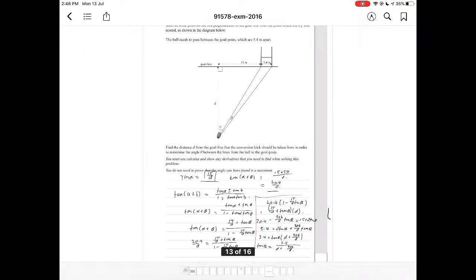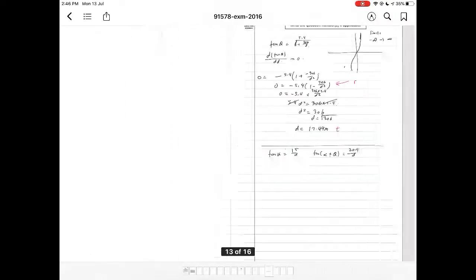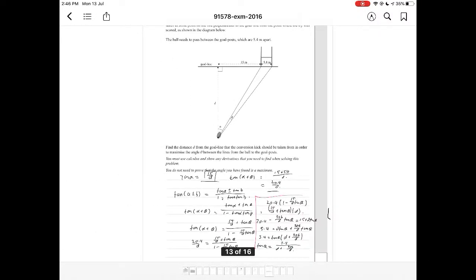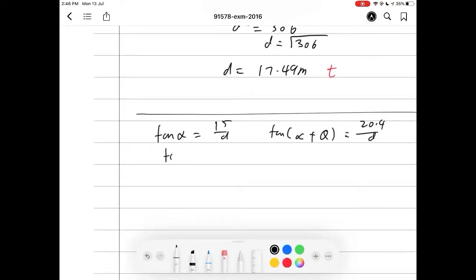So just like a mini lesson here. Starting from the very start, we had tan alpha equals 15 over d, and then tan of alpha plus theta equals 20.4 over d. Let me just double check that. Okay, yes. If you notice, we can take the tan inverse of both sides.